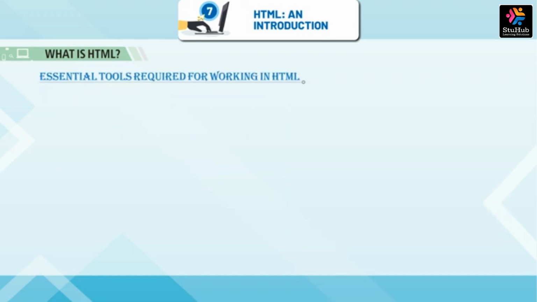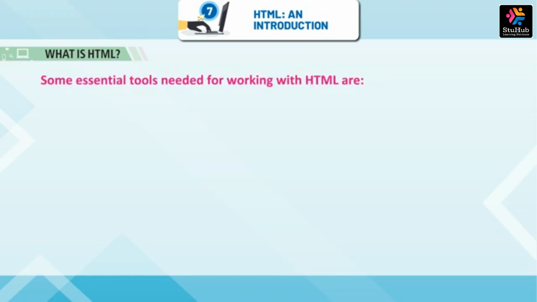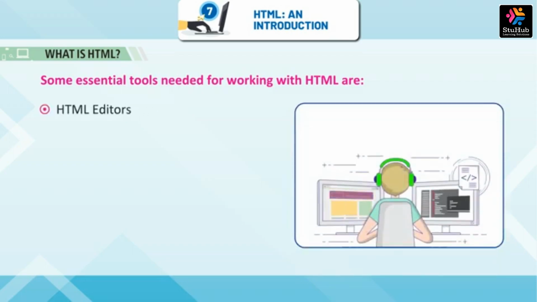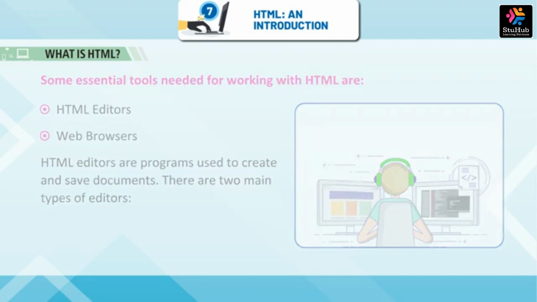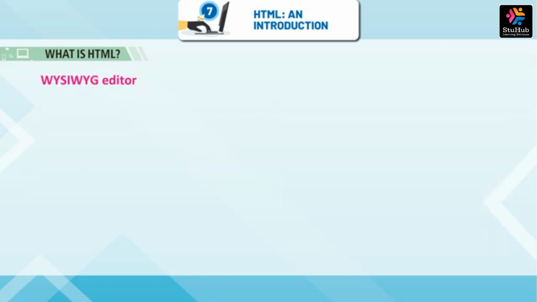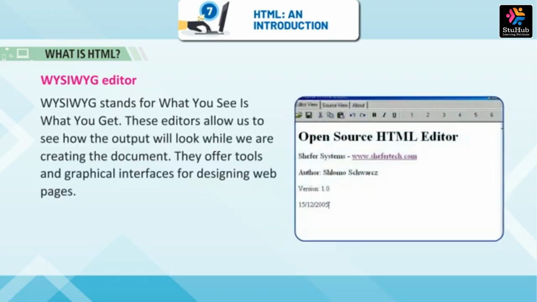Essential tools required for working in HTML: HTML editors and web browsers. HTML editors are programs used to create and save documents. There are 2 main types of editors. WYSIWYG editor.